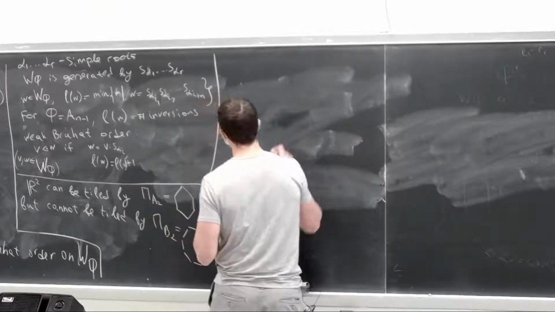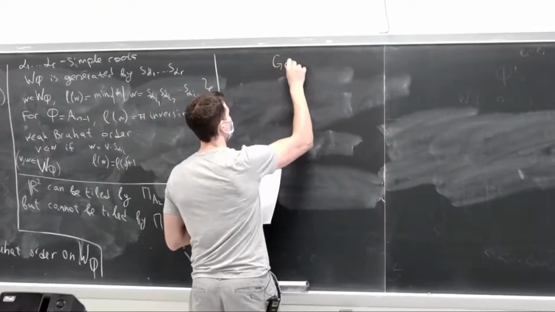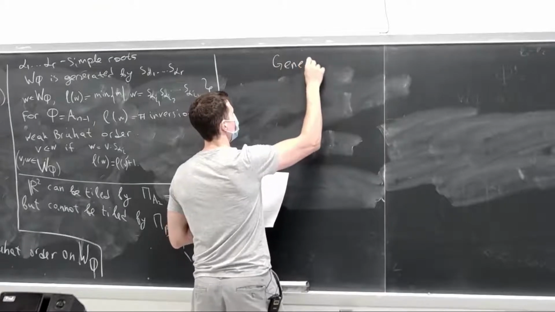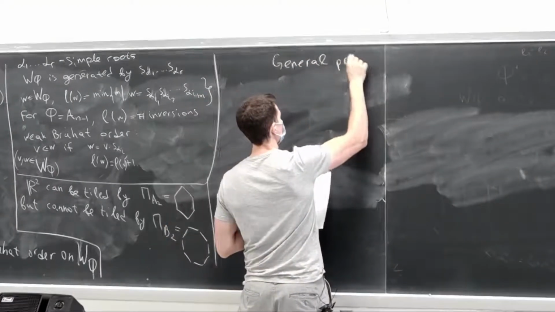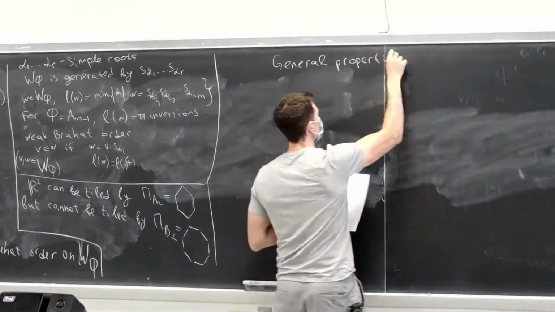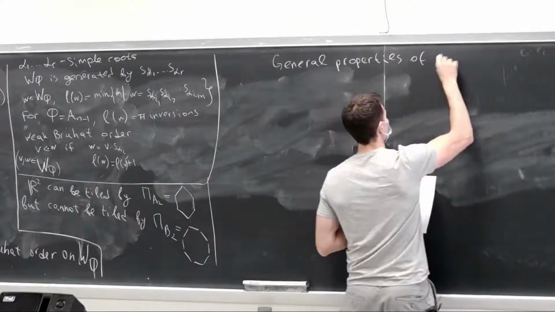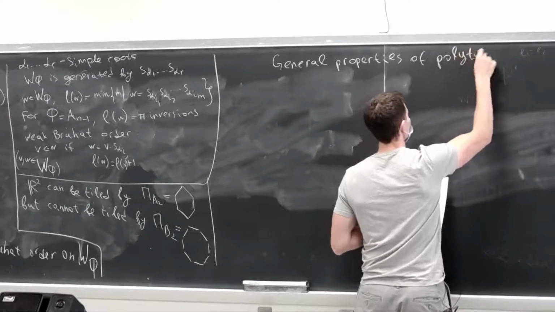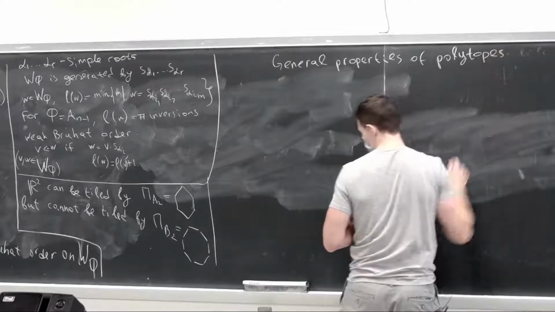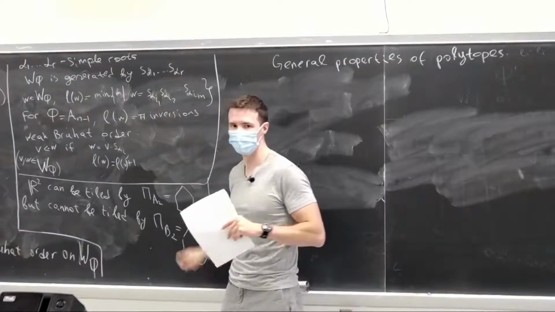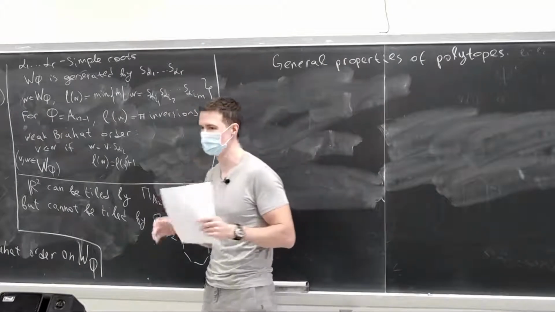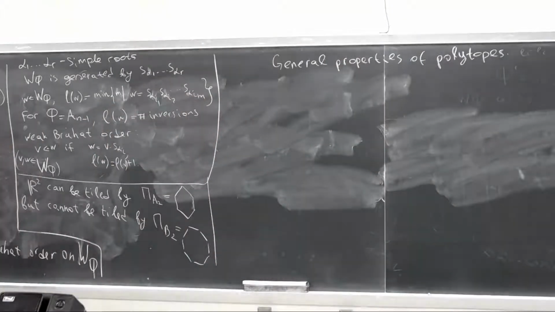So anyways, if there's no questions, let me go to the next topic, where I'm going to mention some general properties of polytopes. So far, we only dealt with very special polytopes, hypersimplices, permutahedra, things like that.